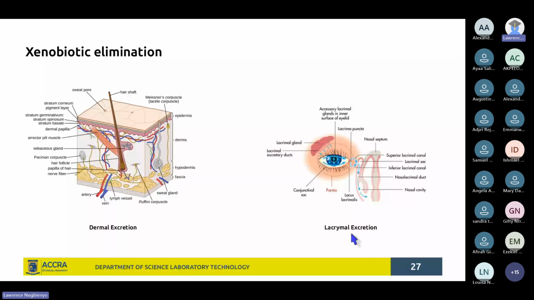Then lacrimal excretion can have excretion of xenobiotics through tears from the eyes. I made an example of, say, tear gas that is thrown, and it causes some irritation on the skin and then on the eyes.